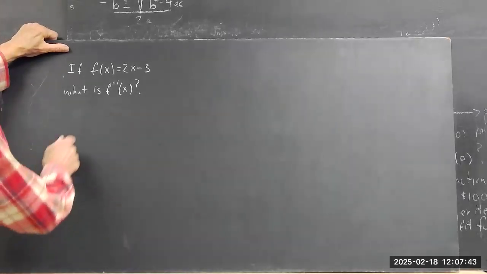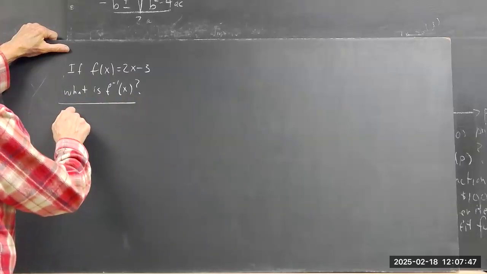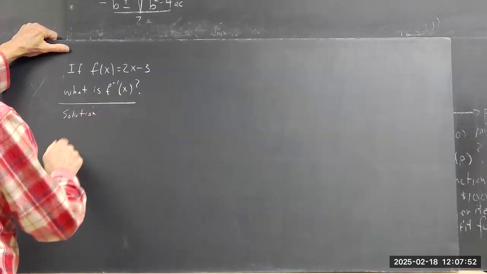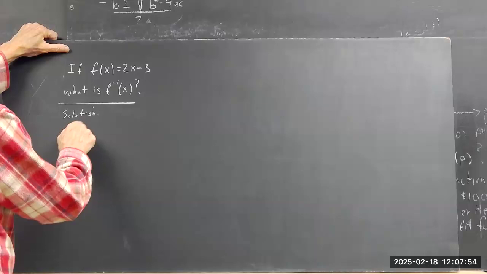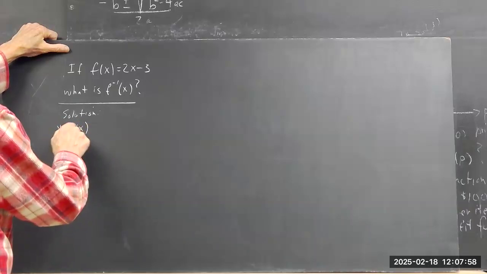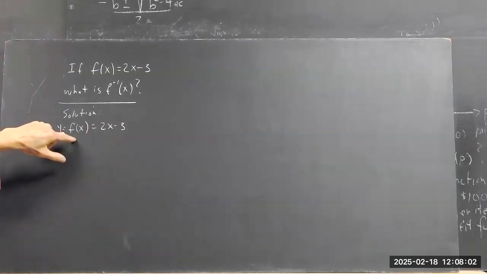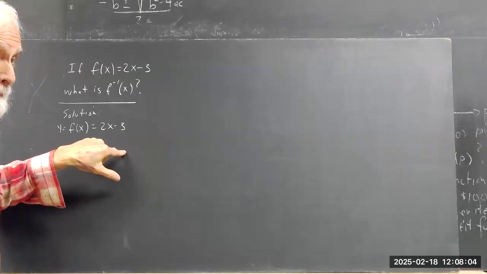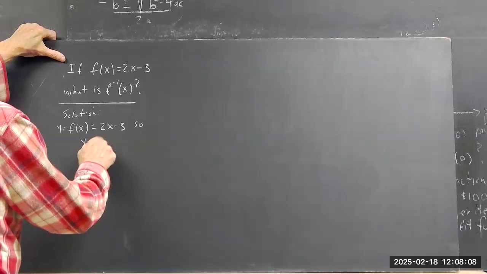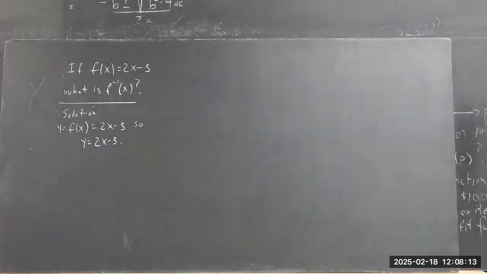Well, first of all, you let y equal f of x, right? So y equals 2x minus 3.